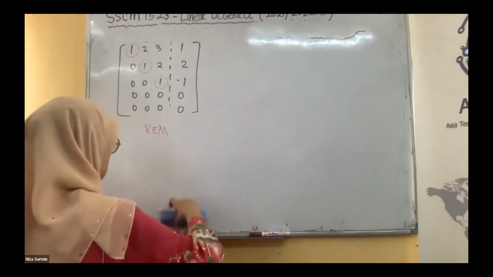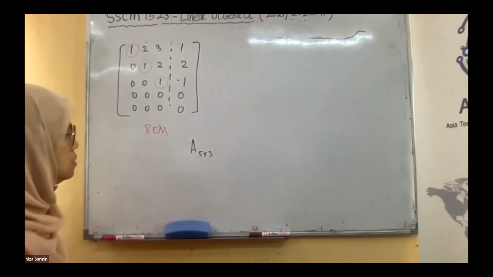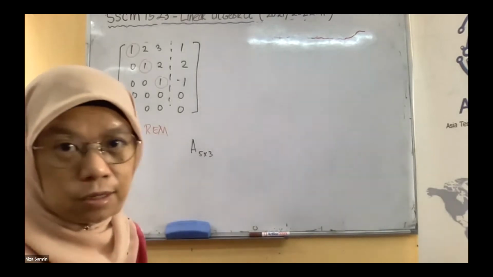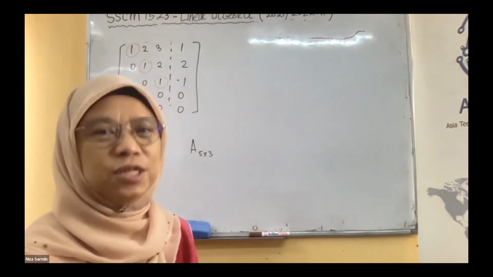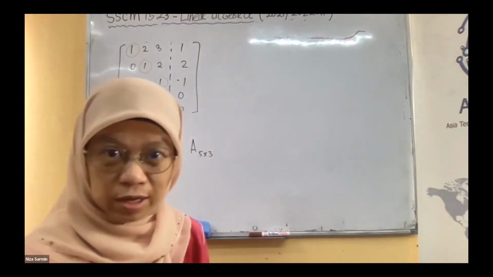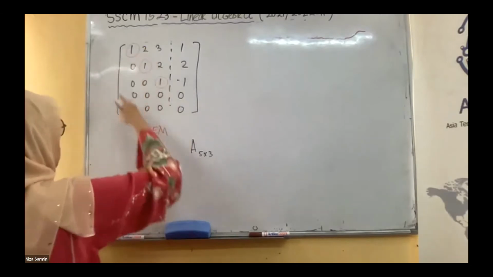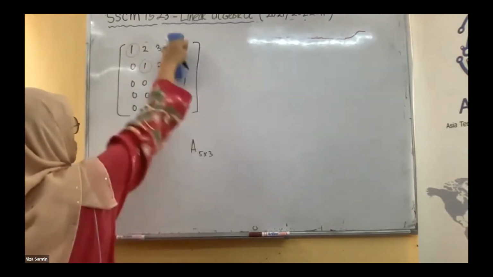A is 5 times 3. So there are 3 unknowns. Maybe X, Y, Z, right? We have extra equations. It's not 3 by 3, but it's okay. If you look at the rank, what is the rank of A? This part. The rank of A, close this.